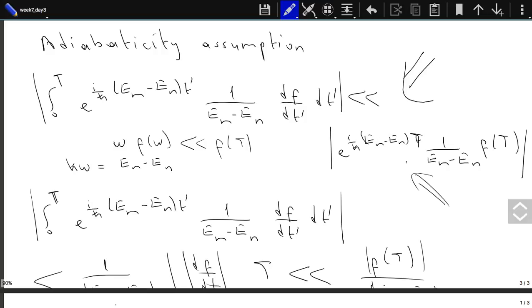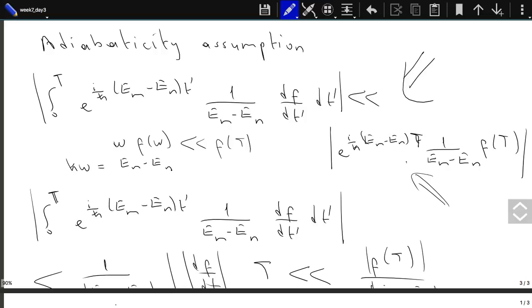But if f of omega is non-zero only for small values of omega, that means it's mainly a constant. But then its derivative is small. But if it is like bandwidth-limited, its values at low frequencies should be large. Okay, but I'm multiplying it with a small number, which is omega. But as long as f of omega has values only for small values of omega, then we are done.